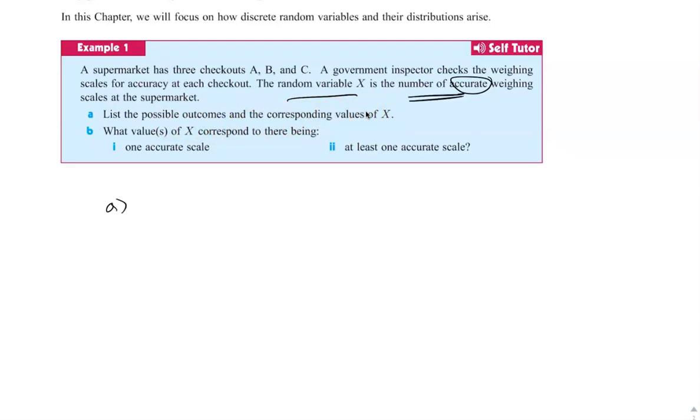For part A, we have 3 checkouts and we want to know how many are correct. So I want to list all the possible outcomes. Well, they could all work. Or maybe only A works and the other 2 don't. Or A doesn't work, B works, and C doesn't, or C works and the others don't.